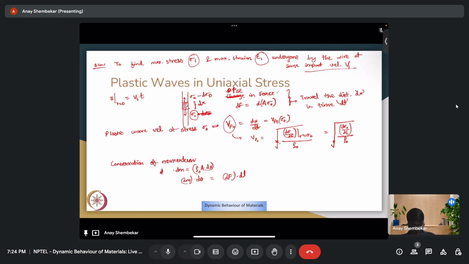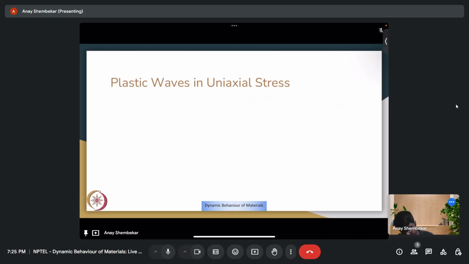The net impulse that this increase in force provides over the time dt will lead to a change in momentum for the small mass. So you have rho naught A dx, which is the mass, times the change in velocity, equal to area times d sigma naught, which is the increase in force, and time dt.